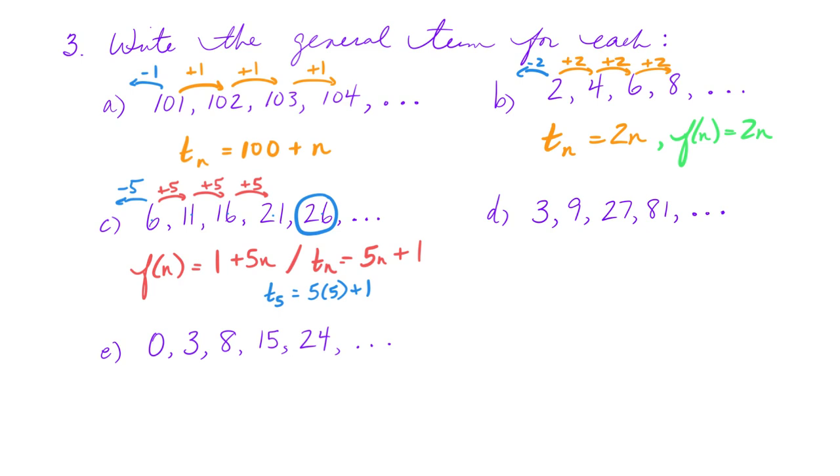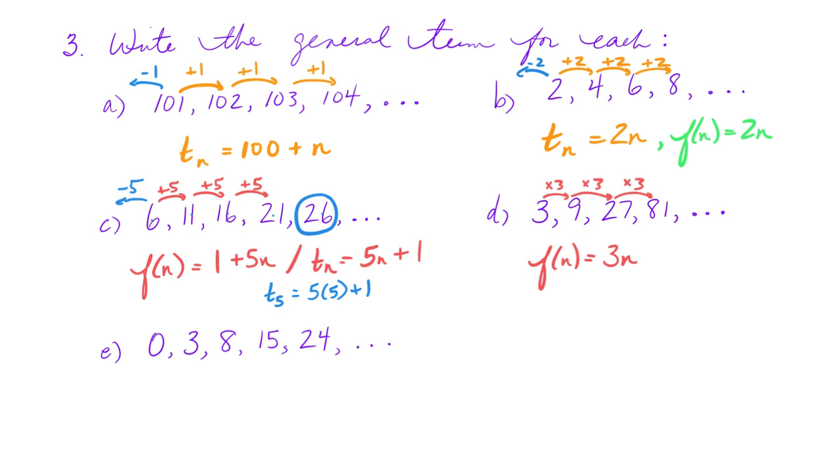Okay, let's take a look at D. In D, I notice that I am tripling everything. I am always multiplying by 3. And so if I was to go through, I notice that my term value is always 3 times my term number.